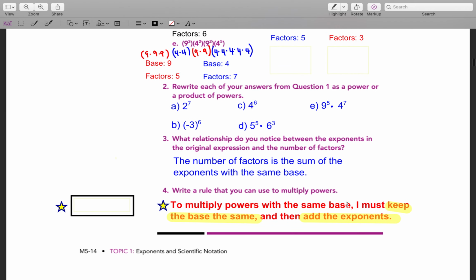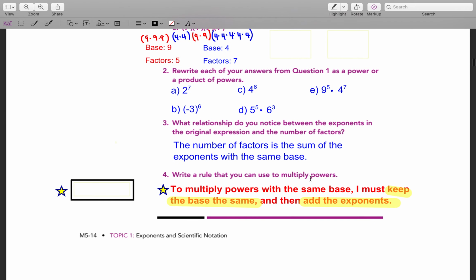So the rule here is, write a rule that you can use to multiply powers. To multiply powers with the same base, you must keep the base the same and then add the exponents. So the mathematical notation would be a to the m power times a to the n power equals a to the m plus n.